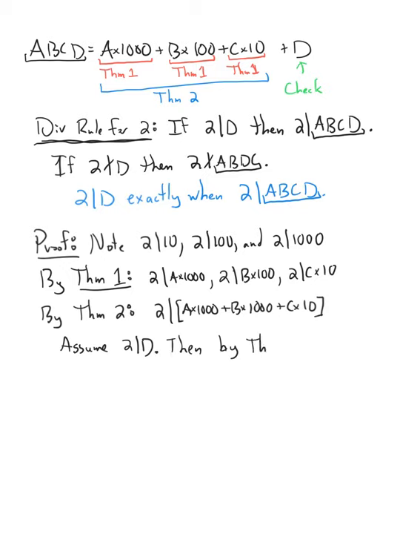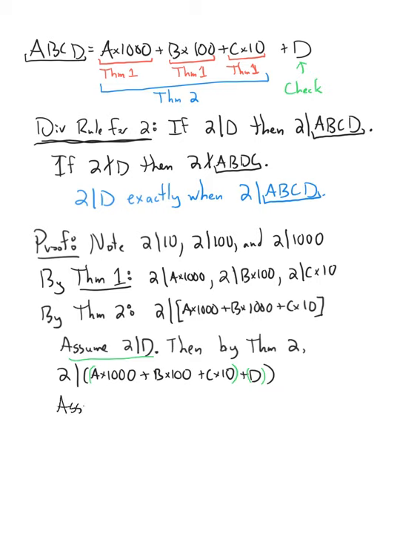Then, by Theorem 2, we have that 2 is a factor of A times 1,000 plus B times 100 plus C times 10 plus D, which is indeed just the expanded form of this ABCD number. And in some sense, to see how Theorem 2 applies, the way I'm bracketing it is like this. There's my first number. I know that's divisible by 2. And that number is divisible by 2 because we're assuming we're in that case.